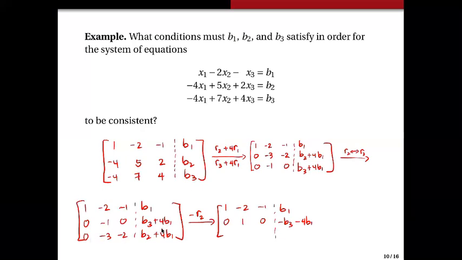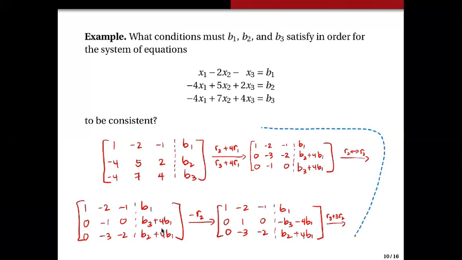Then we just copy this: 0, -3, -2, B2 plus 4B1. And then in here, we can just now add r3 plus 3r2. Let me just reduce the size in here.